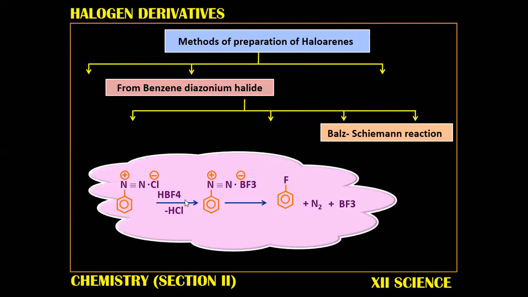And the name of this reagent, if you want to refer for your knowledge, is fluoroboric acid. This can be asked in MCQ, so you have to remember it. Fluoroboric acid.